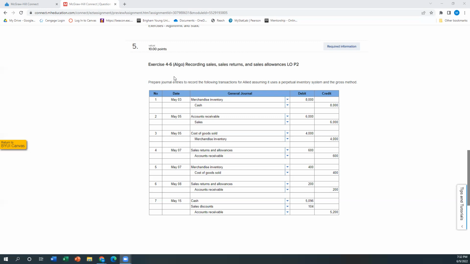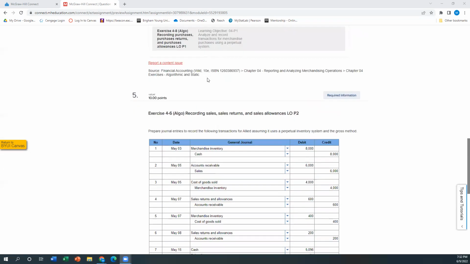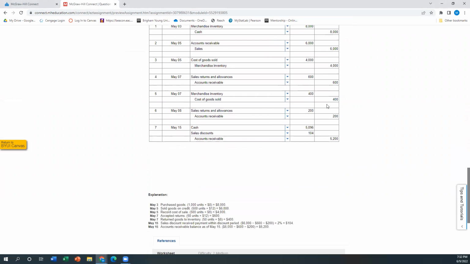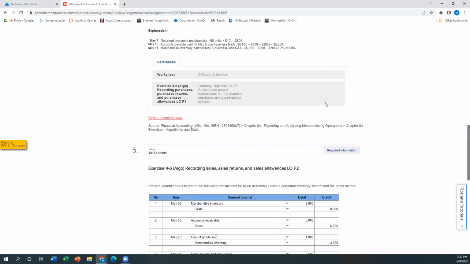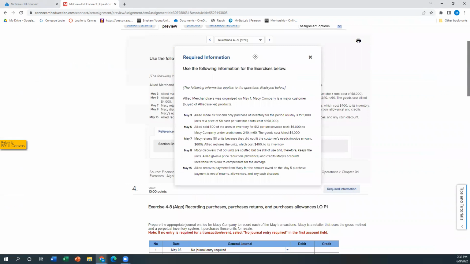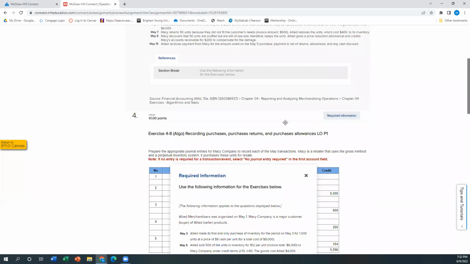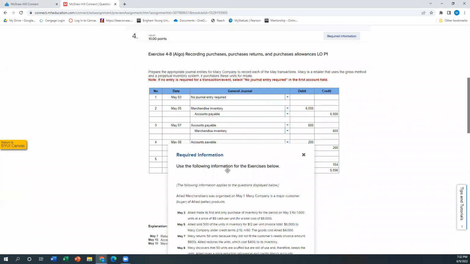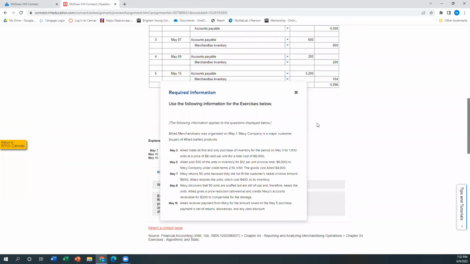Anyway, this wants us to prepare the journal entries to record the following transactions. We're looking at this in preview mode. I'm going to look at the required information here. So 4 and 5 are kind of taken together.